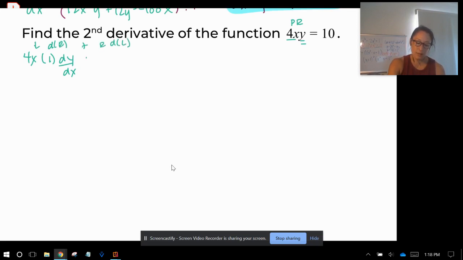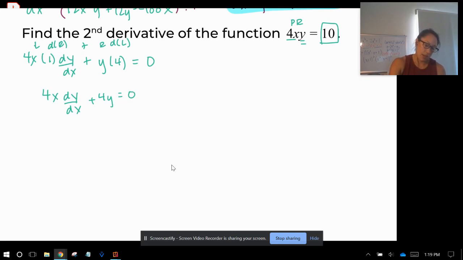Sometimes if I write it, it helps my brain out. Okay, so then I do add y times the derivative of the left, which is 4. And that equals the derivative of 10, which is 0. So I get 4x dy dx plus 4y is equal to 0.